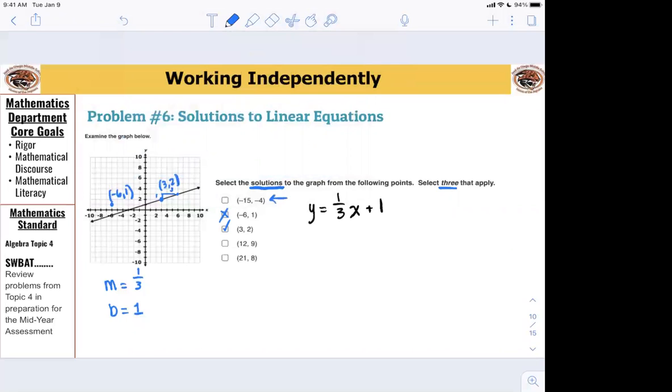So for the y, that would be my -4. For my x, that would be -15. Okay, and now I'm going to see if I get the same answer on both sides. So this would be -4 equals, what's -15 times 1/3?